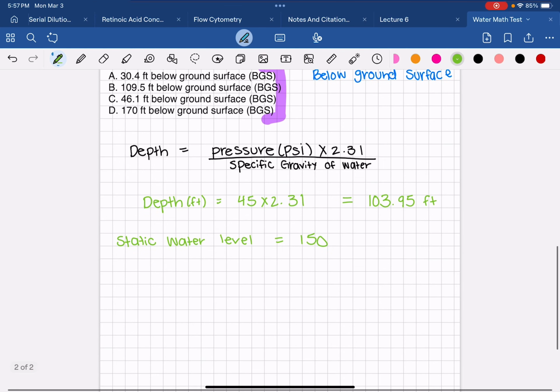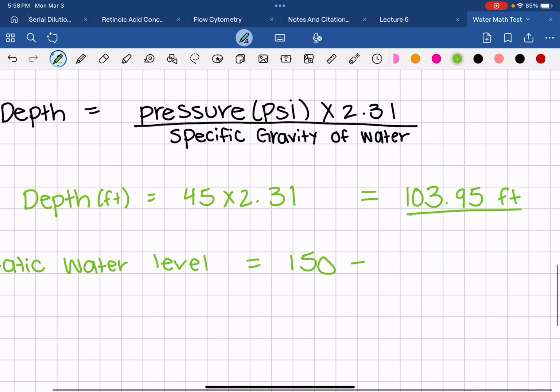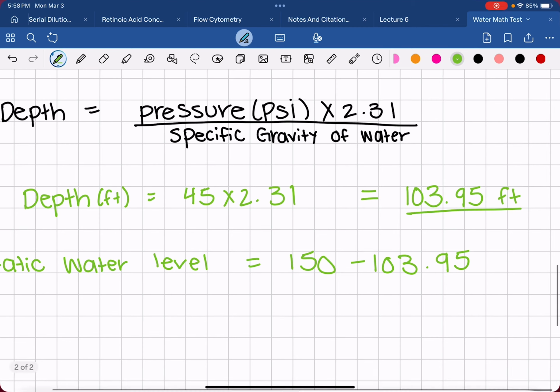And I'm going to subtract that with this number that I got here. So 150 minus 103.95. So once I do that math, let's put it into the calculator.